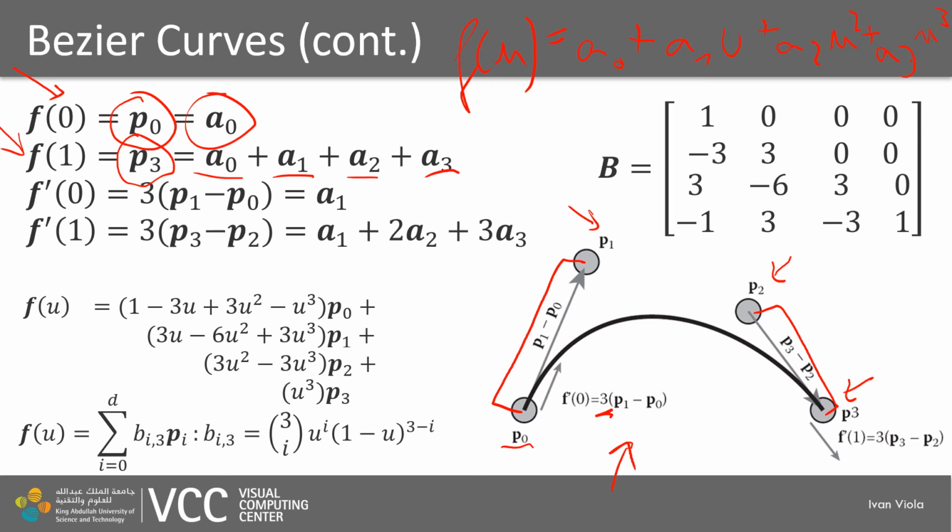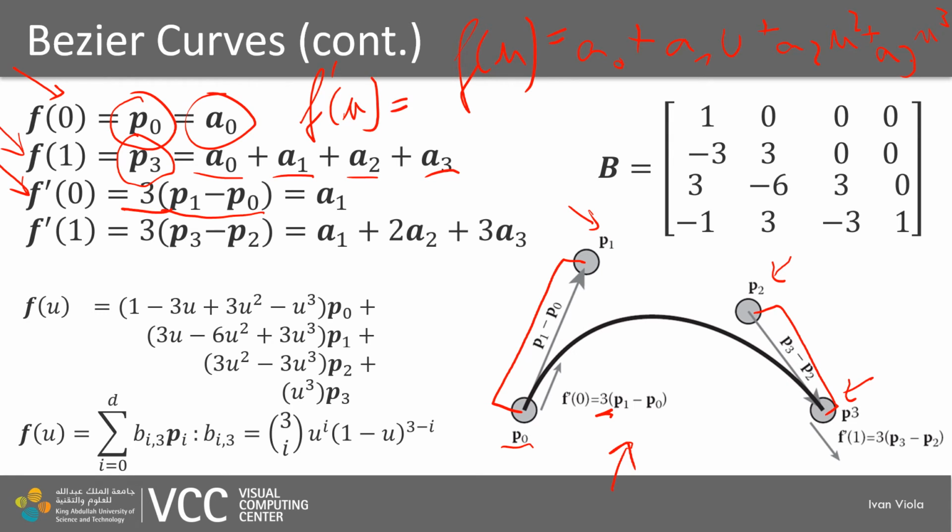And then we know that our derivative, as we defined it, will be equal to 3 times (p1 minus p0), which is the vector p0, p1. And what is that equal to? Let's have a look at the derivative of f(u) again.